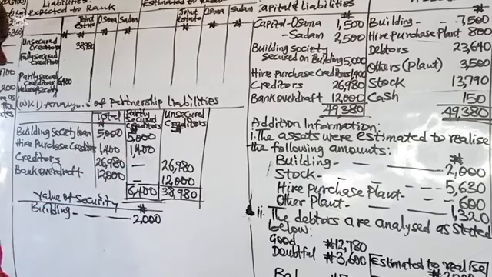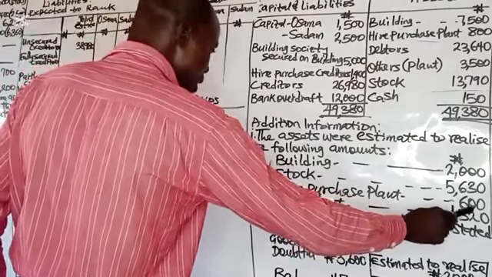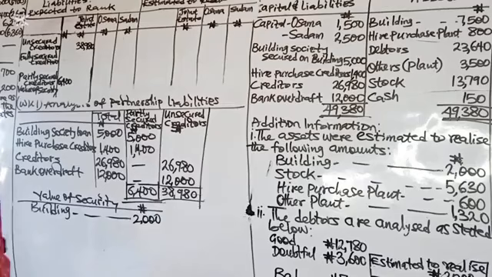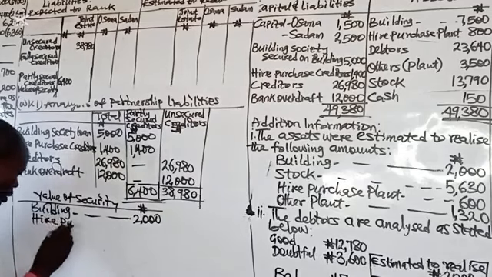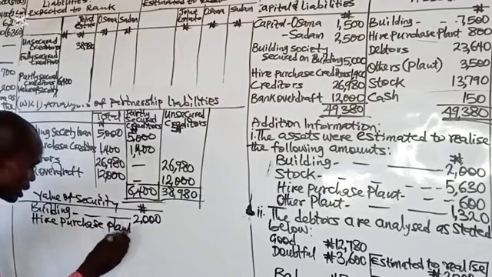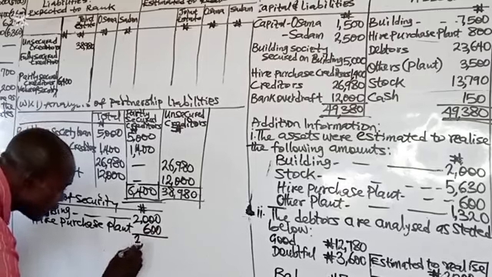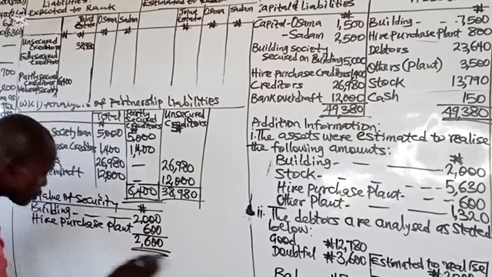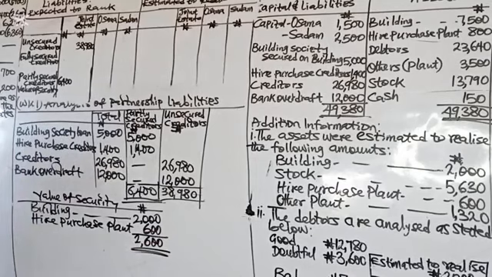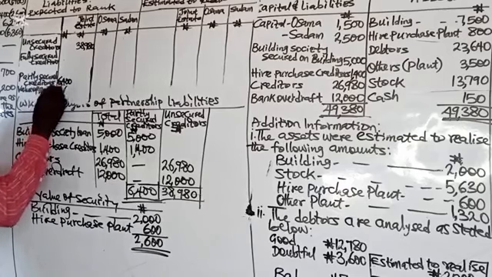So hire purchase plant, the realizable value is 600. If you total this, you have 2,600. That is the value of the collateral for partly secured creditors.